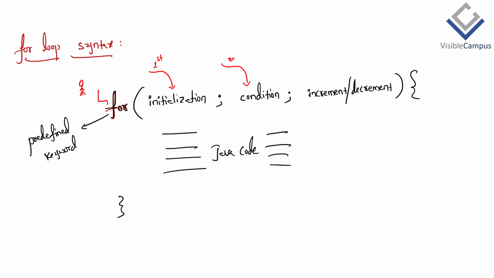This is the second thing to be executed. The condition has to be the same as our if conditions. The end result of this condition has to be Boolean, either true or false.